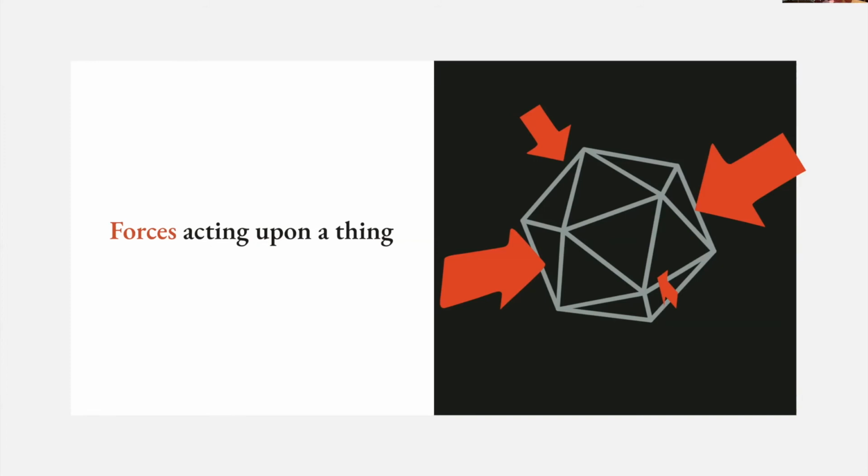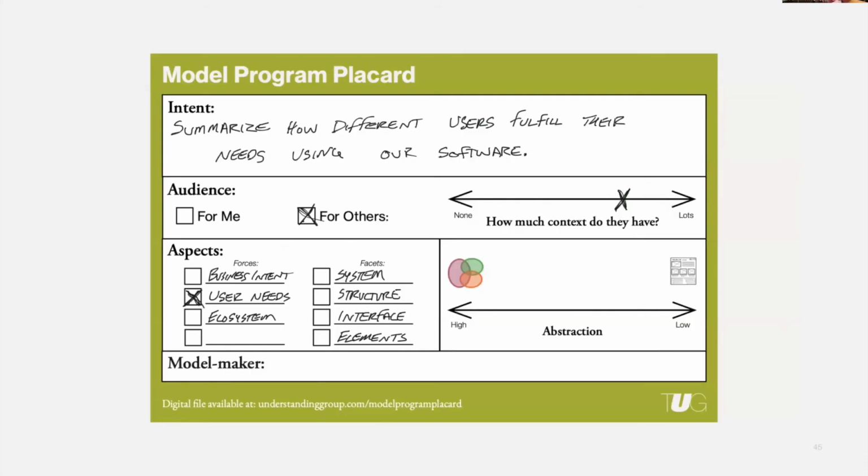Apple gets to control everything about this from a facets perspective. But then there are forces in the environment that Apple just has to understand and deal with, make sense of, and make the facets of this the best it can be given those forces. So there are two categories, and we lay them out so that we can say, these are the ones we're going to focus on in this model, and these are the ones we're not.